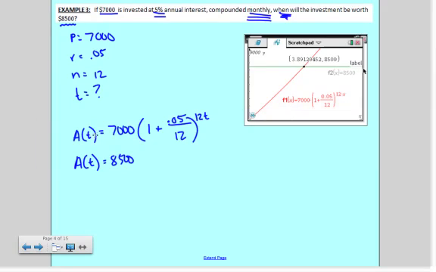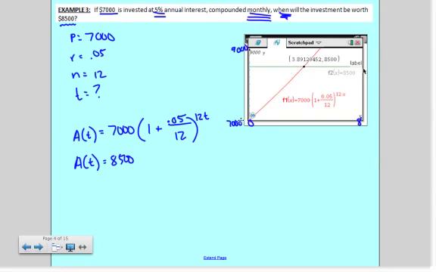So I graphed A of t, the first one, as f1 of x, and I graphed A of t equals 8,500 as f2 of x, and now I have my curve and my line. I know it looks kind of like a line, but that's how it looks zoomed out. You can't see it very well, but this is from 0 to 8 on the x-axis and from 7,000 to 9,000 on the y-axis.